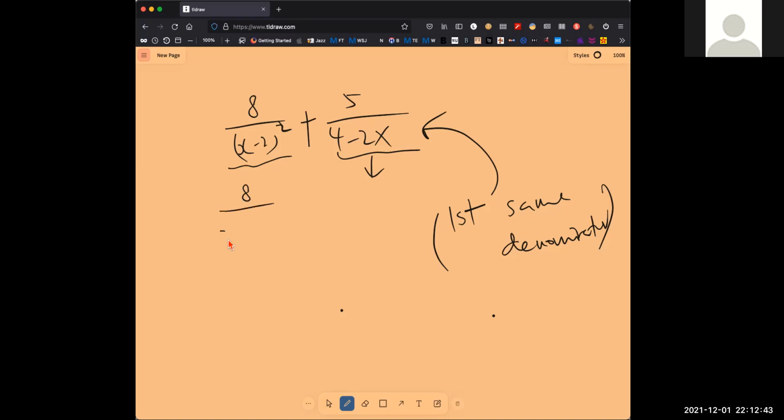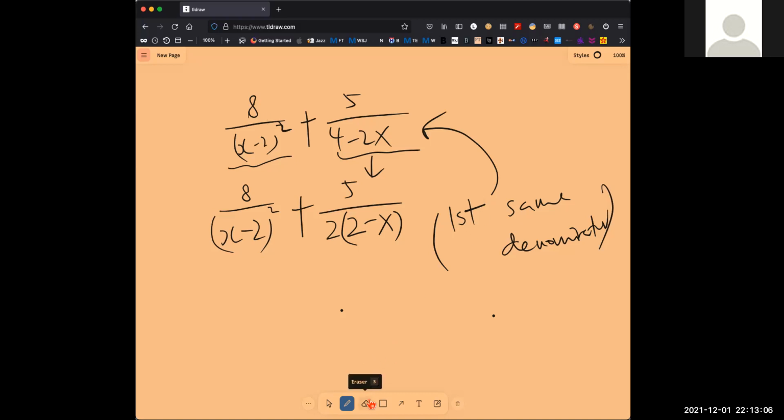I'm just copying it down, because I don't see any opportunity to simplify it. It's already quite simplified. So I'm going to just get the 2 out. If I get the 2 out, for the 4, I am left with 2. For the minus 2x, I'm left with this. That's the first step. Try to make things simpler first.